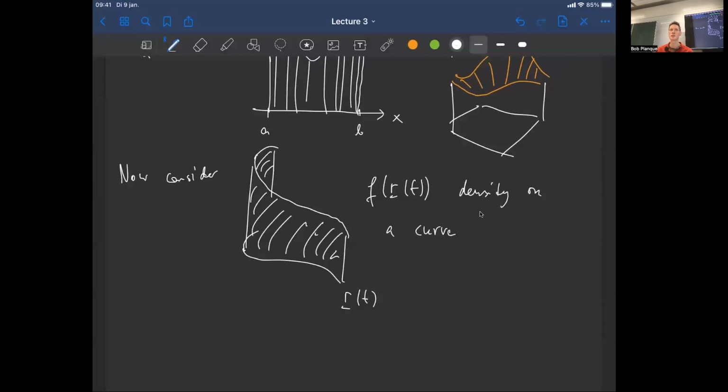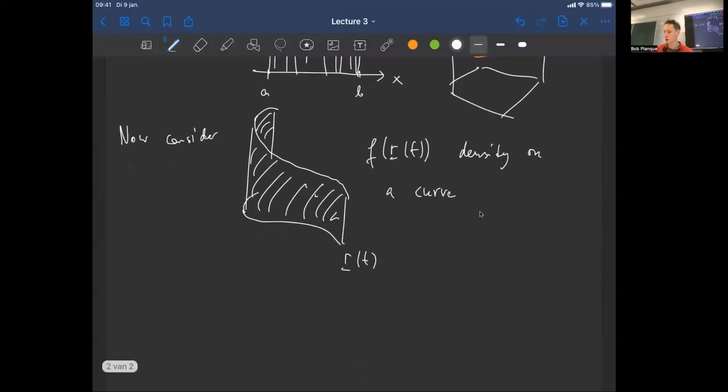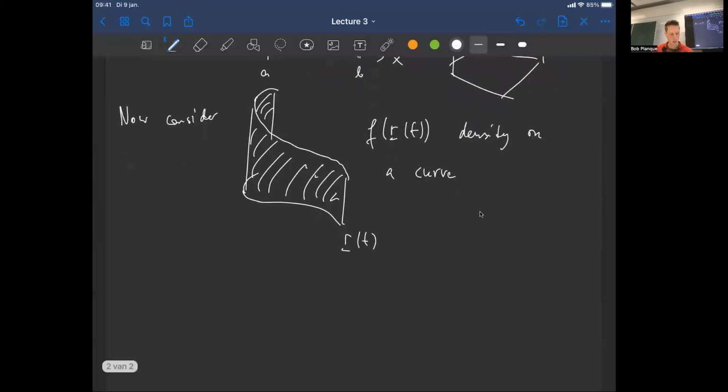I'm not sure whether that means anything in this case, but this kind of integral is denoted by the integral over some curve, script c, which I've parameterized with r of t, f. So I do the integral over this curve, f ds.